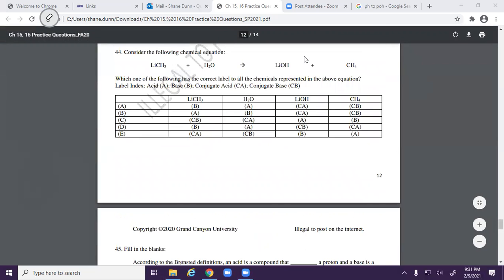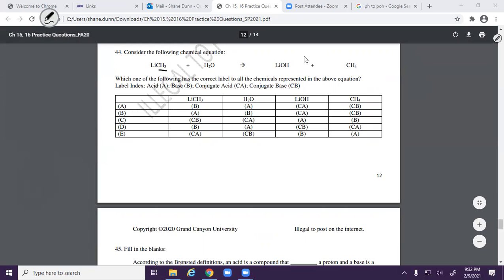44. So, which one's my acid? So out of these two guys right here, which one's the acid? Look at the entire equation. Which one is giving up a hydrogen? So what's that guy right there?